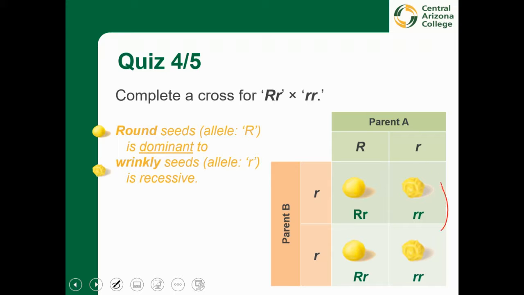So again, the key is that you learn how to produce the Punnett square data, and you learn how to read it. And you remember that there is a big difference between genotype, which is the combination of letters, and phenotype, which is actually what we see, which I've drawn there for you.